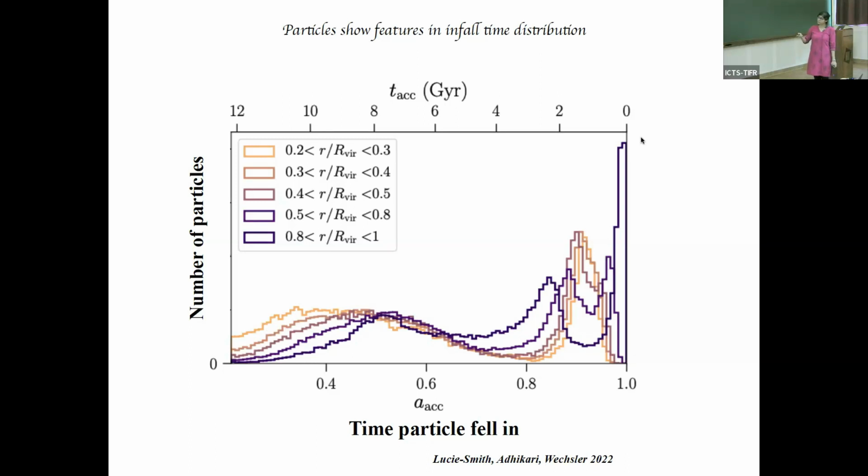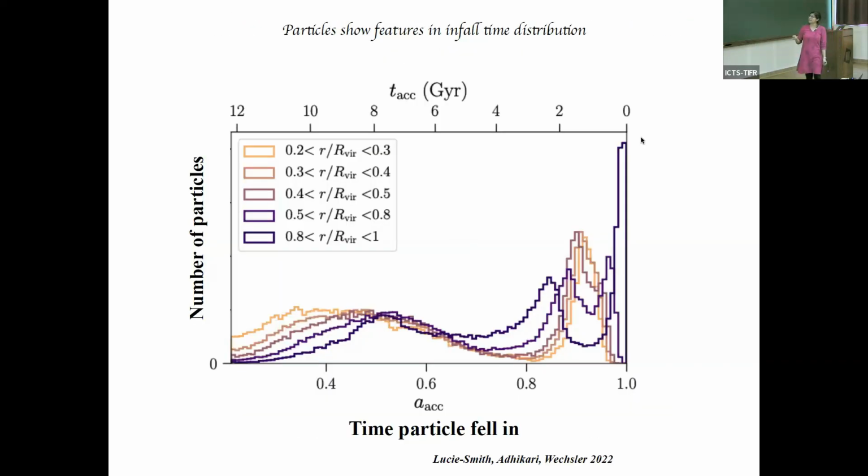The later peak, the more recent one, corresponds to material that is infalling into the halo for the first time, and it's dynamically separated from the rest of the virialized matter. At different radii, most of the matter that we think of as virialized will have been accreted at a slightly different age of the halo.